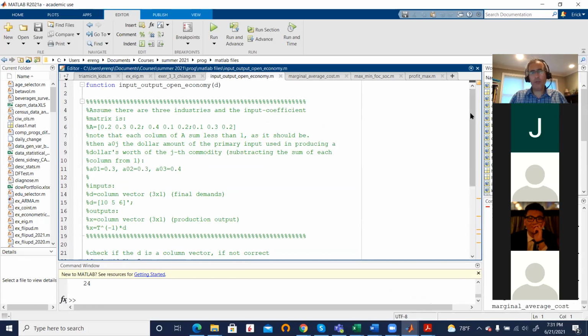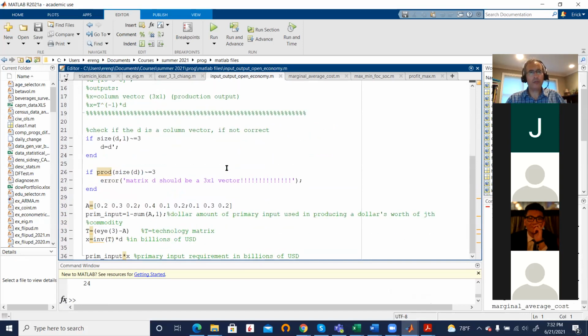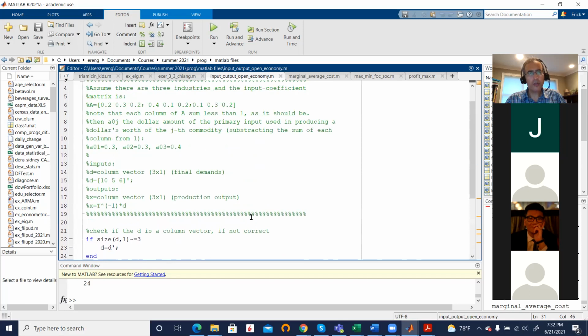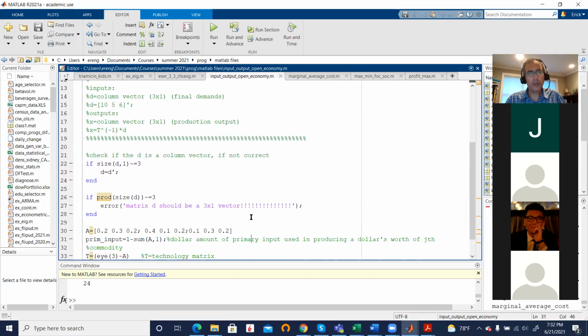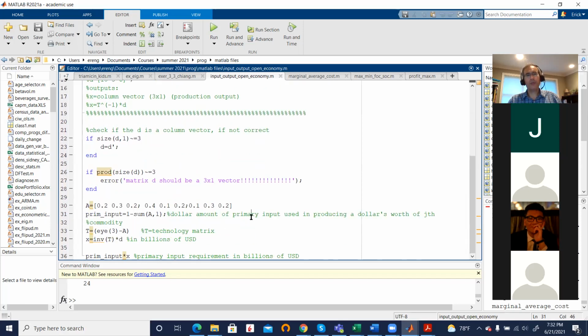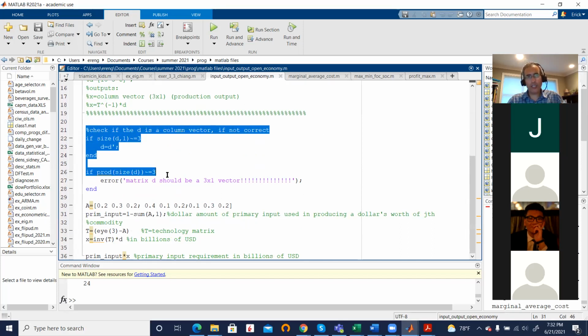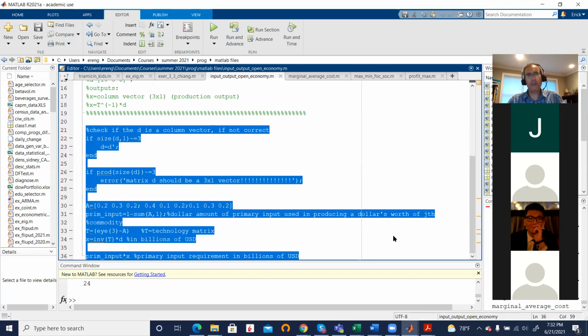Okay, so now please open the file that I sent you today, input output open economy.m. Okay, now guys, take a look at the example and understand this part here. 3 minutes to do this.